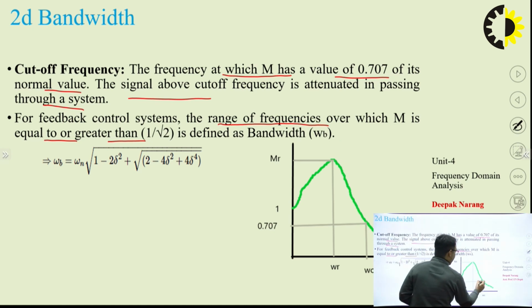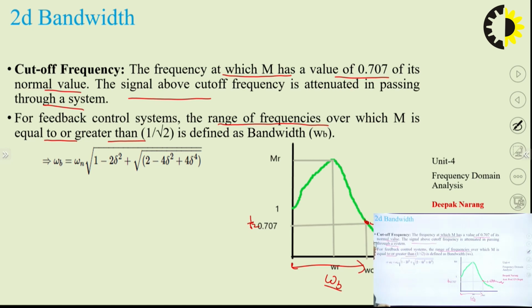Like here, this is 1 by root 2 of its nominal value. After this the signals will get attenuated, and up to this range of frequency will be termed as its bandwidth.